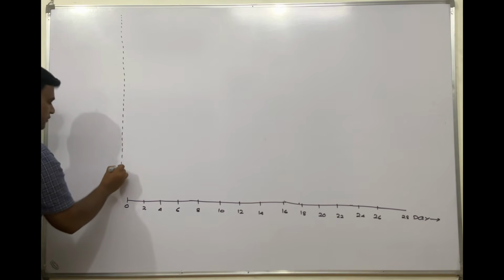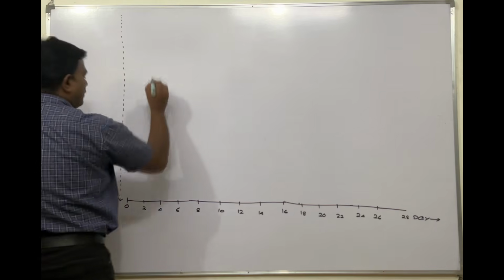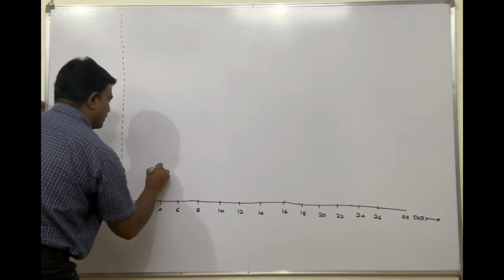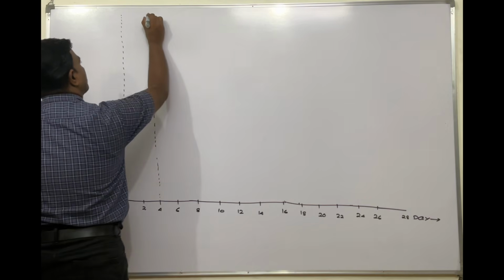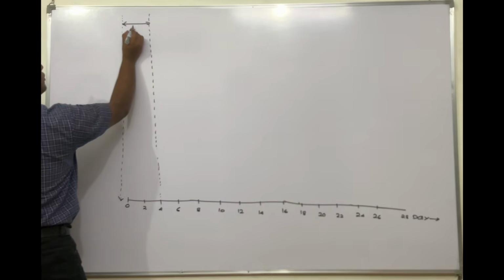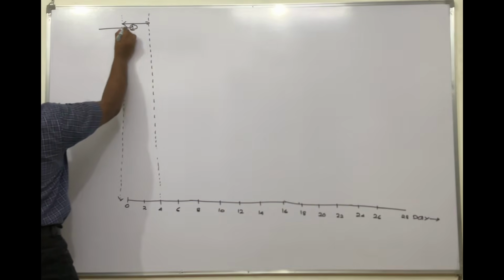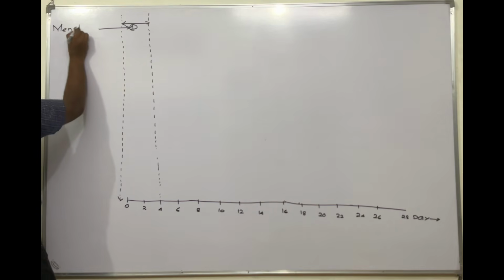This line shows something very important. From here to this fourth, that means 1 to 4 days, this is number one, and I can say this is the menstruation phase.